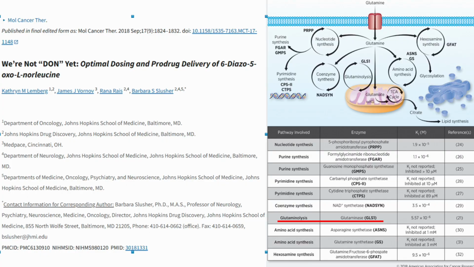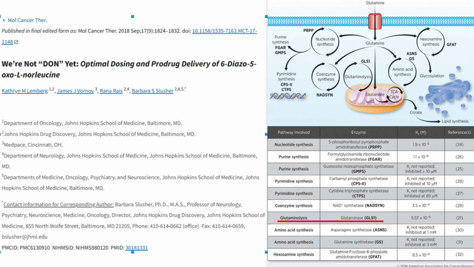Optimal dosing pro-drug delivery of 6-diazo-5-oxo-L-norleucine. All right. So DON is a substance that was discovered several decades ago, and it has been revisited periodically as a potential treatment for cancer.